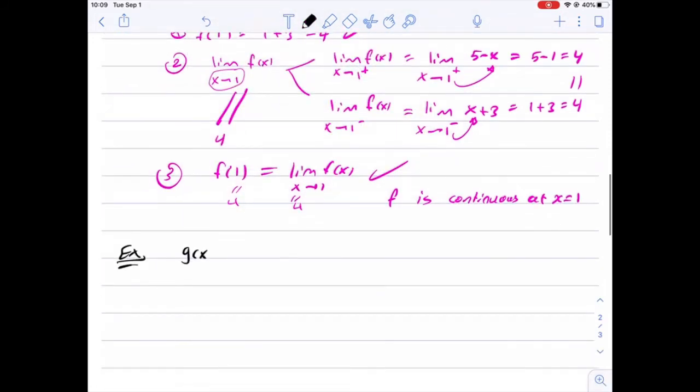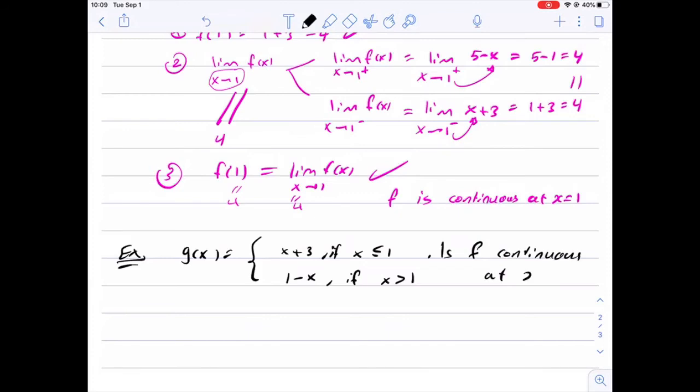Let's take another example. If we define g of x as a piecewise defined function: x plus 3 when x is less than or equal to 1, and 1 minus x if x is greater than 1. We want to check if the function is continuous at x equals 1. We apply the three conditions.